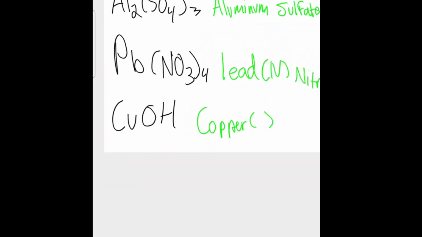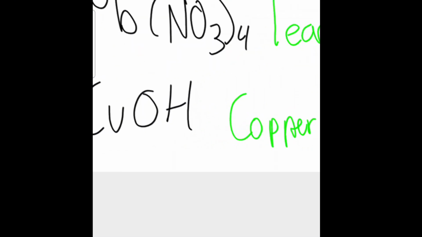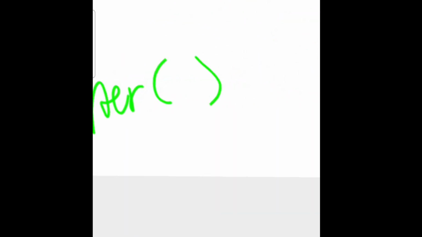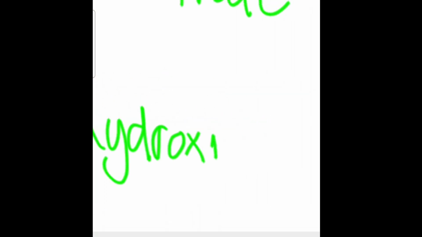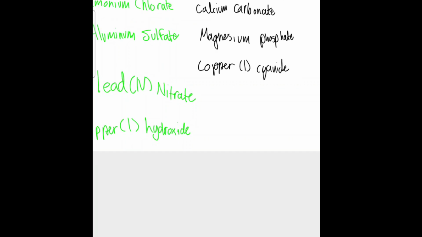What is the charge? Well, considering copper could have a charge of 1 or 2, and OH has a charge of -1, copper has to be 1. Now, what is HO or OH? That's hydroxide. I said that so weirdly.